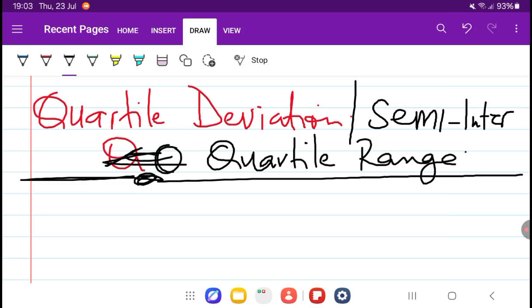And of course we understood that the quartile deviations are positional and absolute measures of dispersion.